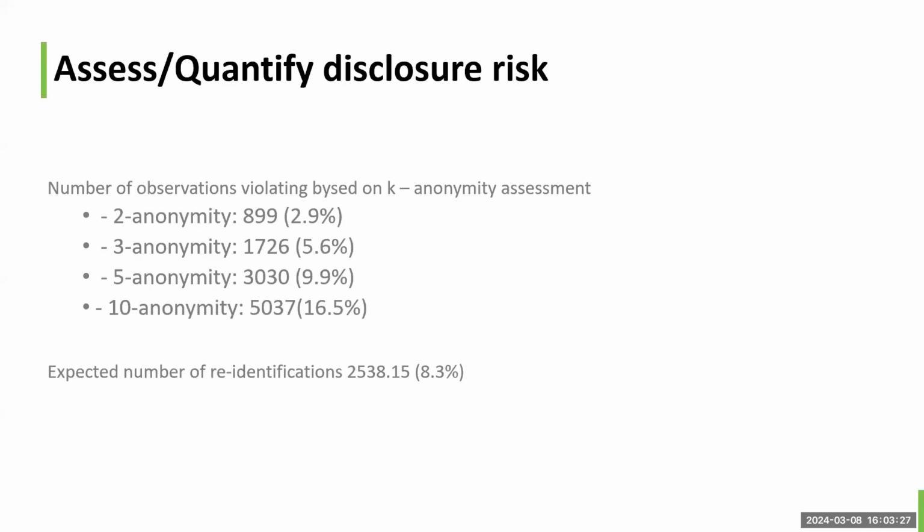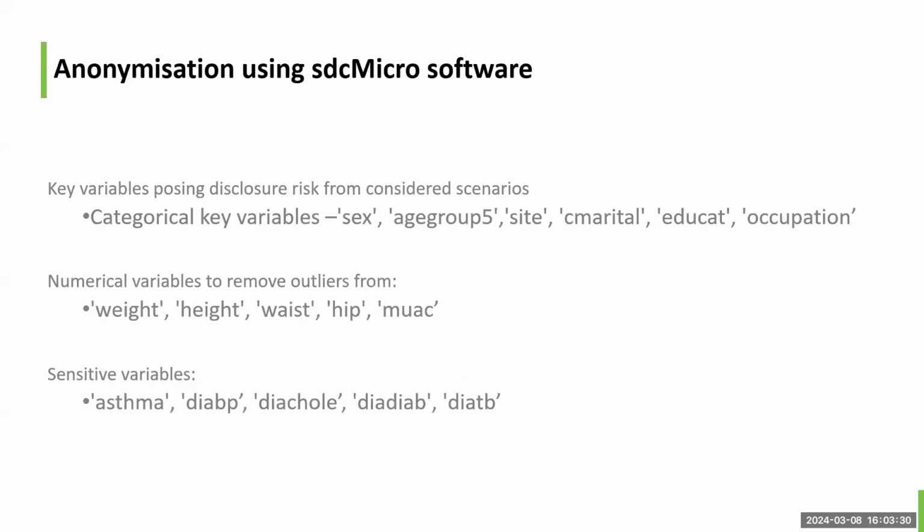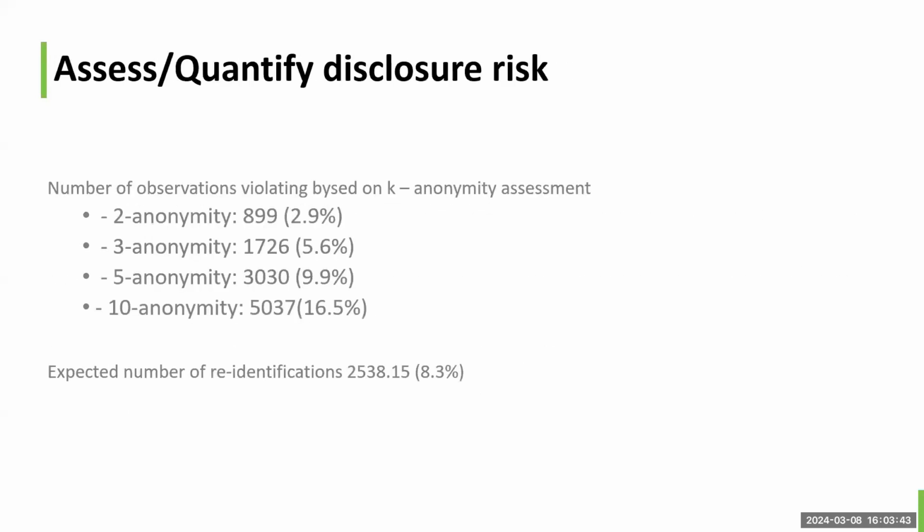In our case, these were our indirect identifiers: the sex, age group, site, marital status, education, and occupation. If you bring those together, how many people are going to have the same combination? How many people are going to have exactly the same combination? You ideally want many people to have the same combination, because then you can't really tell which line is the person that you think you have identified, because the combination is the same.